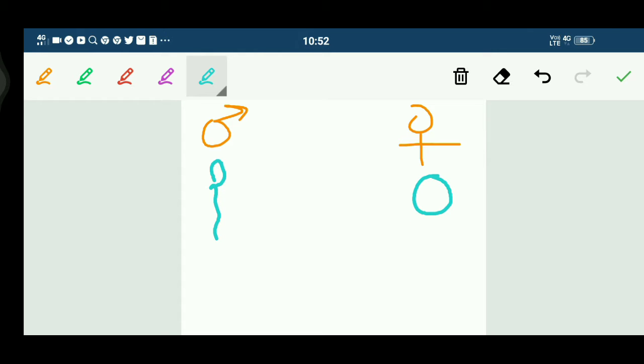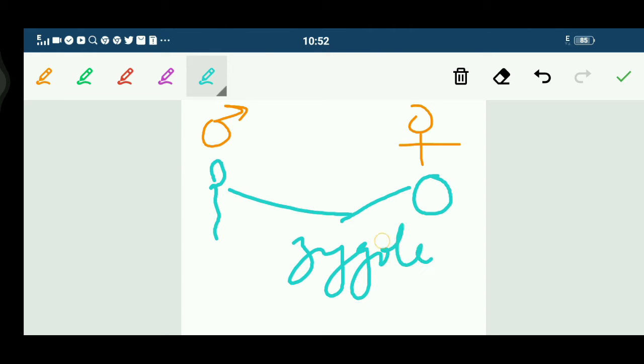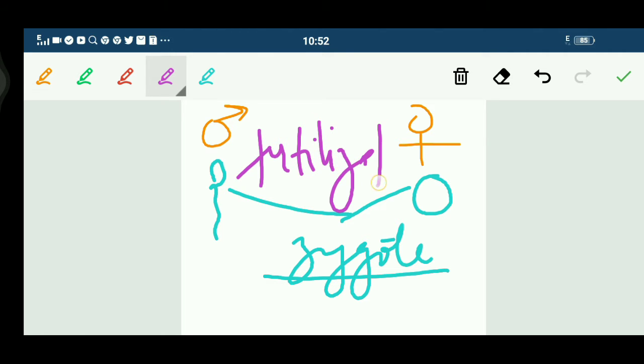Now what happens? This sperm fuses with this ovum. As a result of this fusion, a zygote is formed, and this process is said to be fertilization.